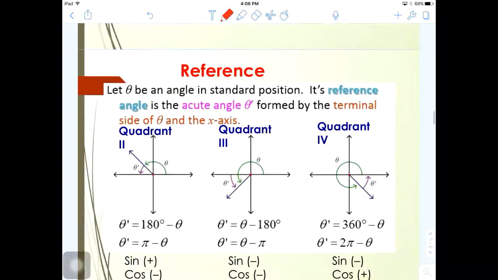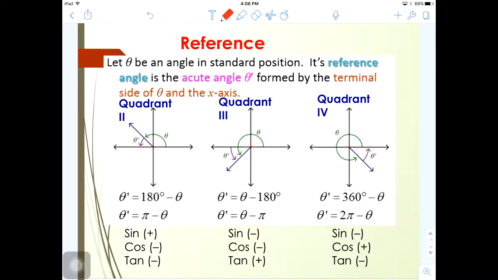And here we go. The first thing is the idea of a reference angle. A reference angle, just like the name says, is in reference to something. Usually we are relating the angle to either 180 degrees or 360.